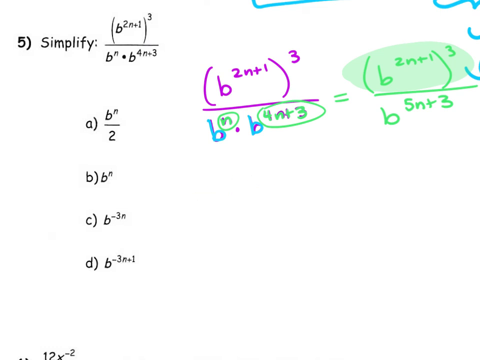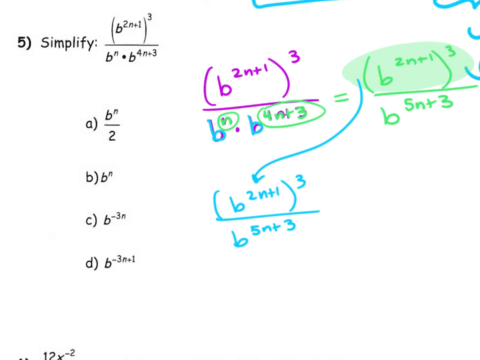Let me rewrite it down here. I've got tons of space, so b to the 2n plus 1, all cubed, all over the denominator, which is now simplified. Remember, we can expand this, or we can multiply our exponents, because this has the power to a power rule.